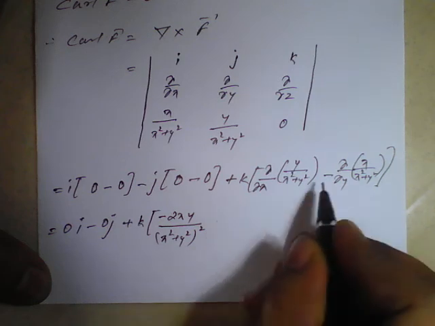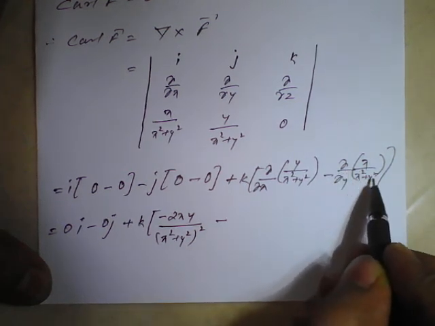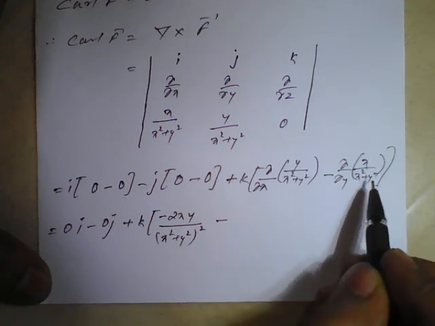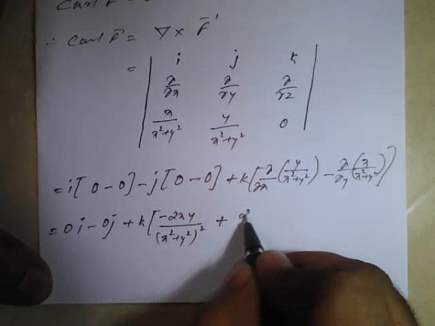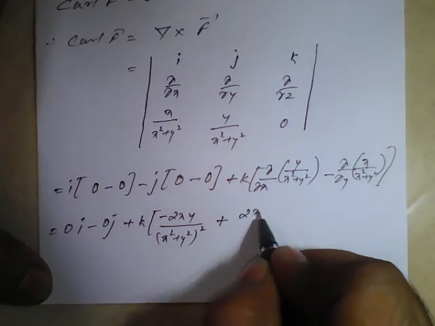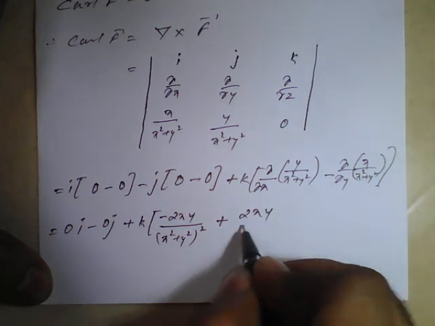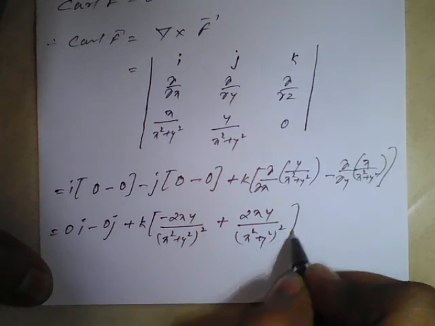Similarly, minus dou by dou y of x upon x square plus y square. In this, x is treated as a constant, so the derivative gives minus, and that minus will become plus, 2xy divided by x square plus y square whole square.